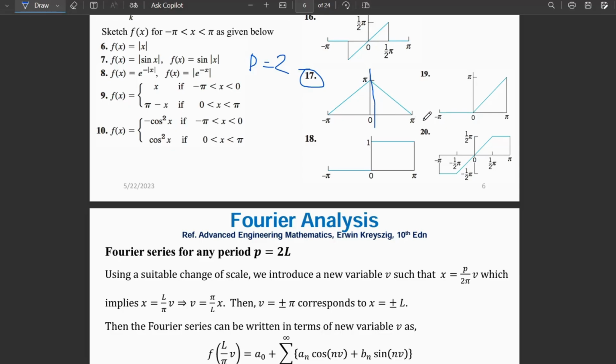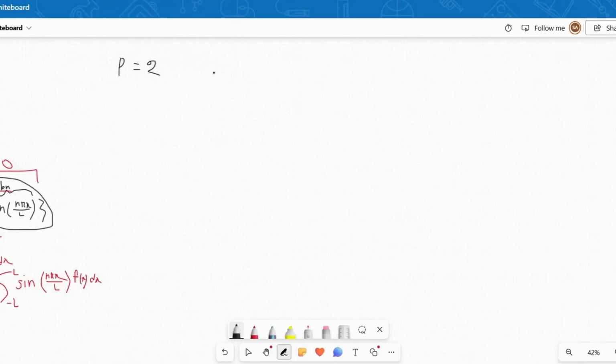Whenever the value is pi to 0, we have to find the function from this graph. Let's find it.